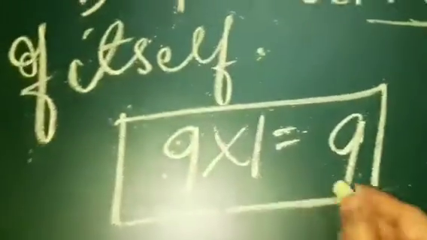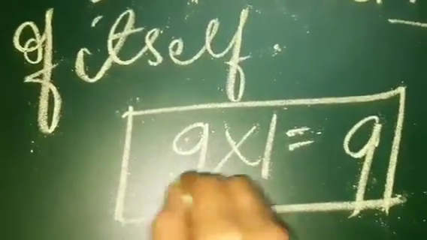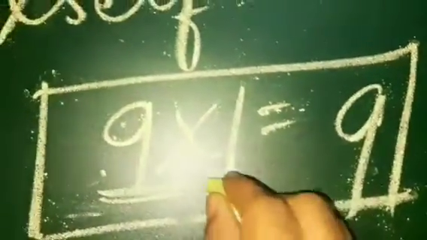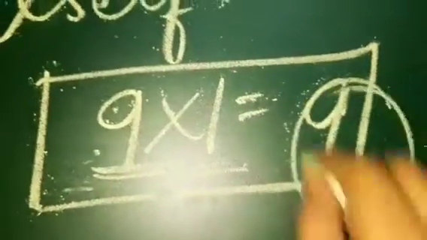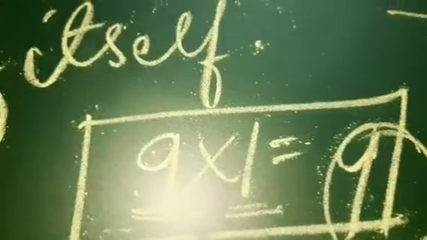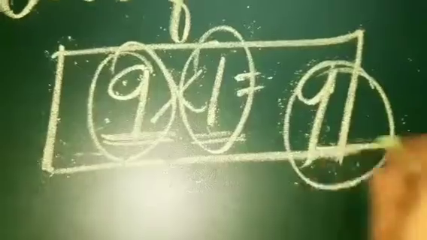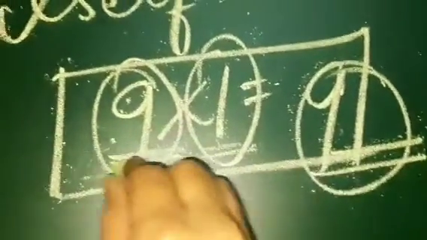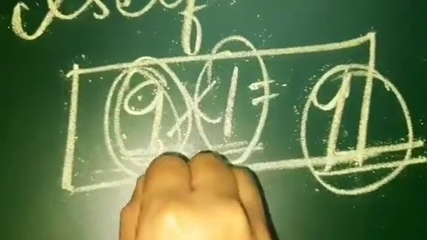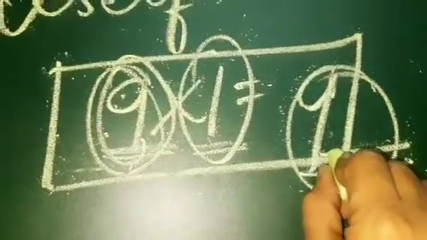So, when we multiply 9 with 1, we get the product as 9. So, this is what they have given. Every number is a multiple of itself. 9 and 1 are factors of the multiple 9. So, the same number can also be the multiple of itself.